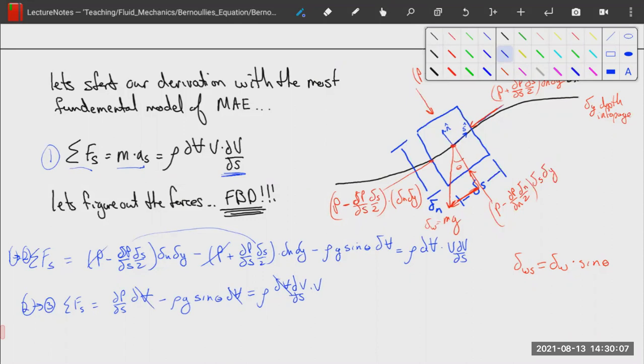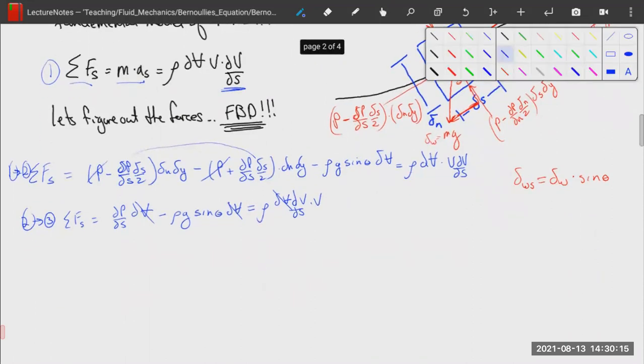And now we can convert some stuff. This right-hand side here, which now that we've canceled it out, is rho times V dV/ds, is actually equal to rho times one half d V squared over ds. Sorry, I think that velocity is not there.